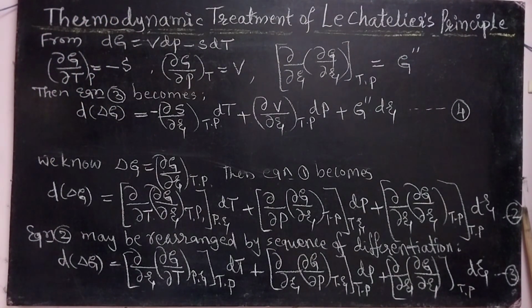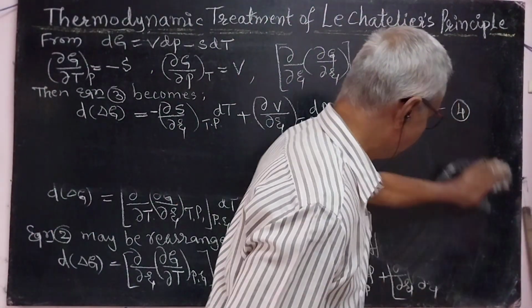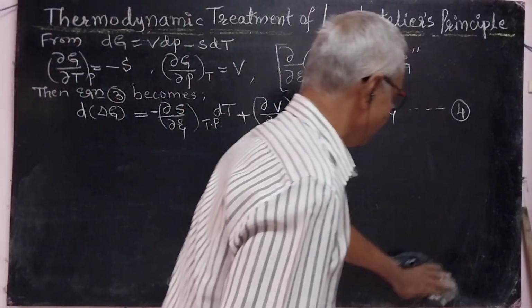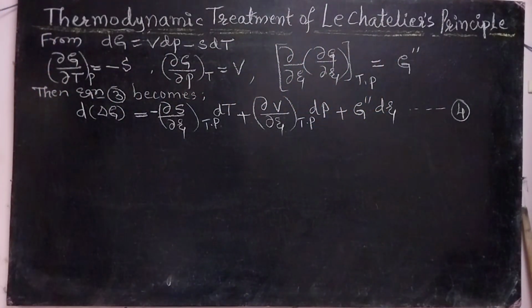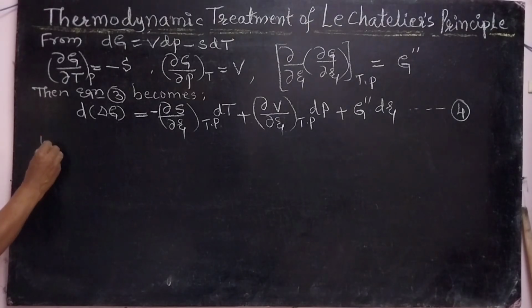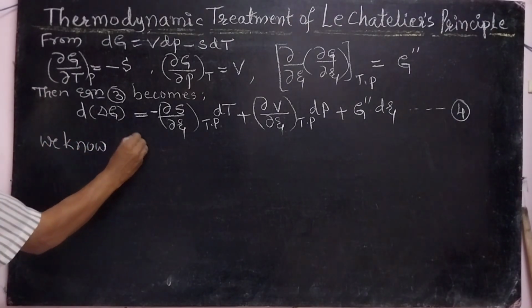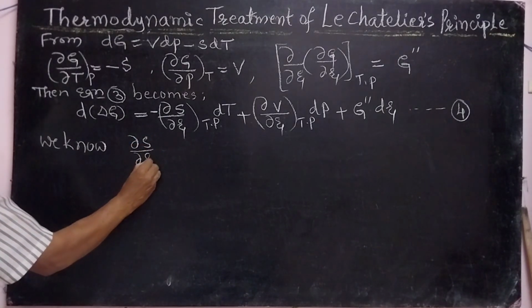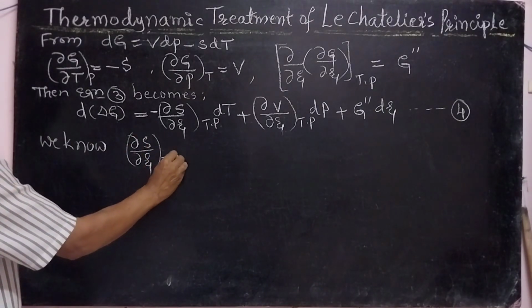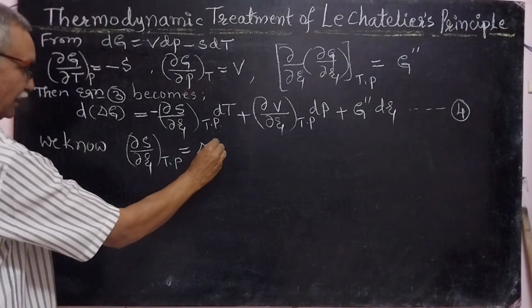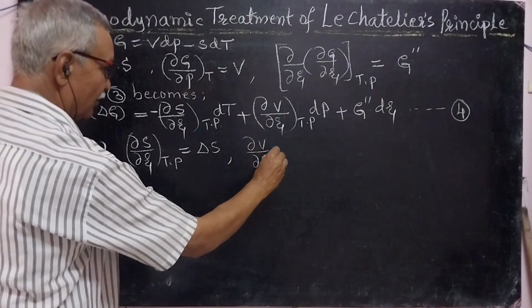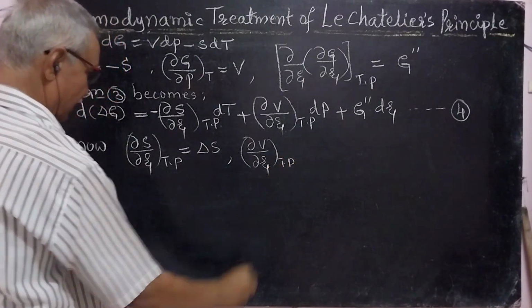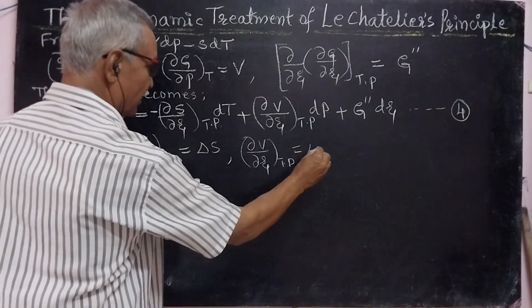Now ∂S/∂ξ at constant temperature and pressure is nothing but ΔS. Similarly, ∂V/∂ξ at constant temperature and pressure is equal to ΔV.